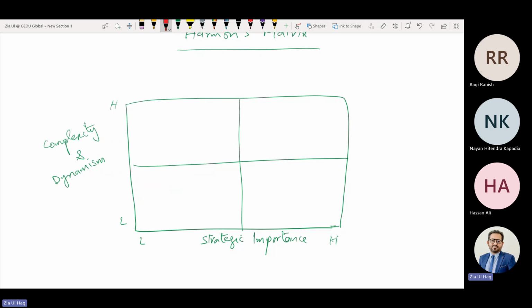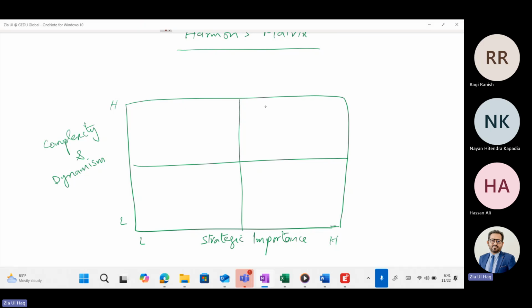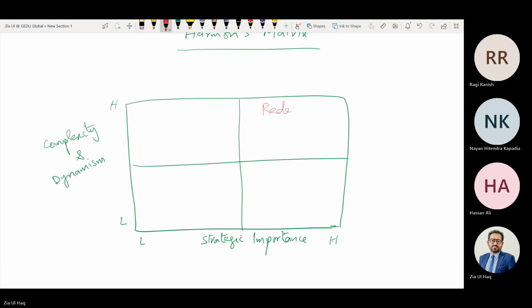Those processes where strategic importance is high, meaning your main, primary, core activities, and complexity and dynamism is also high, meaning there are too many problems and things are going out of control, what we need to do is redesign. Redesign using BPR. BPR stands for business process redesign.